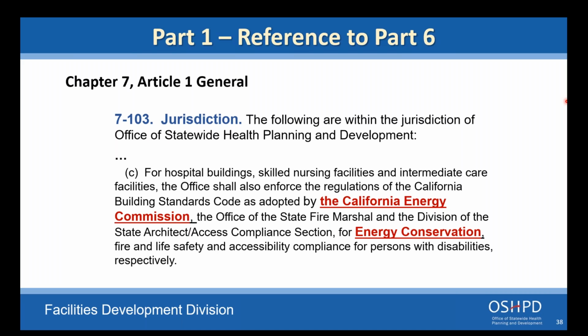Working with the California Energy Commission, we have shown them the TIO program that OSHPD uses, and is actually in excess of what they were requiring. So they are allowing us to continue using our TIO program to verify the applications being proposed or installed, and we'll go over that a little bit more.